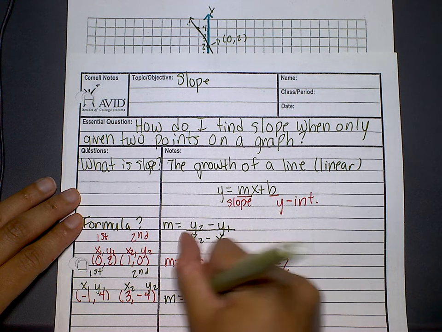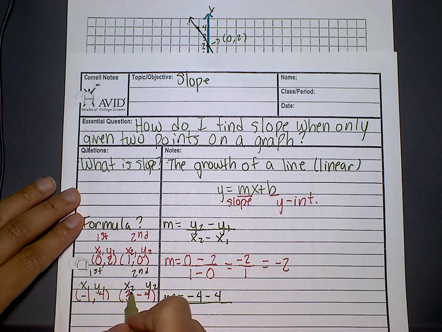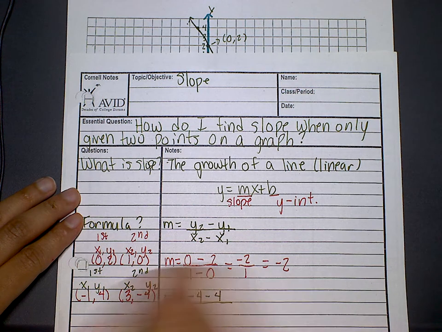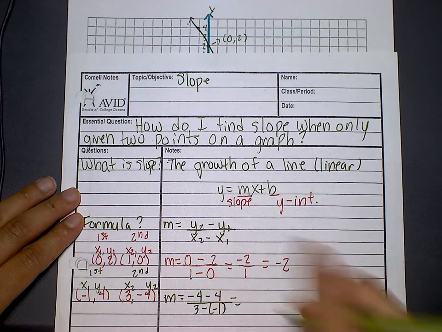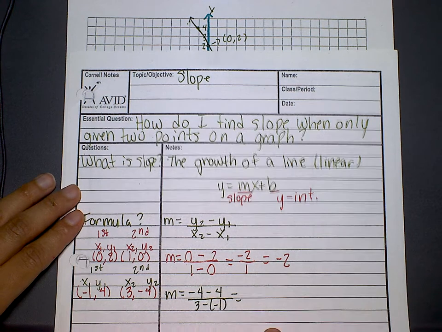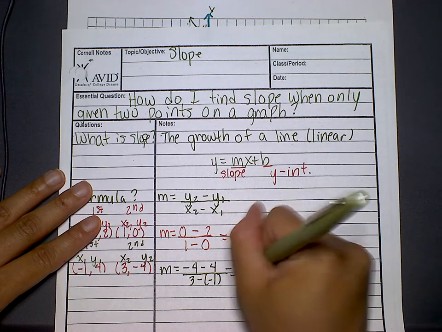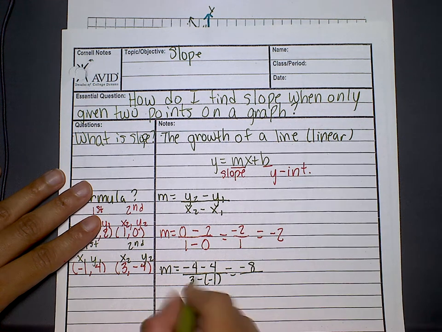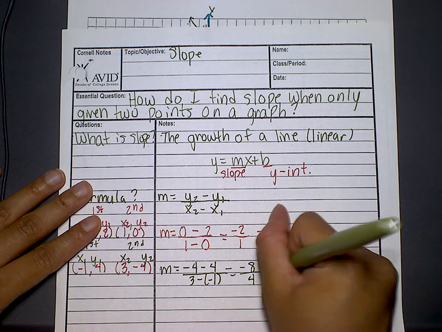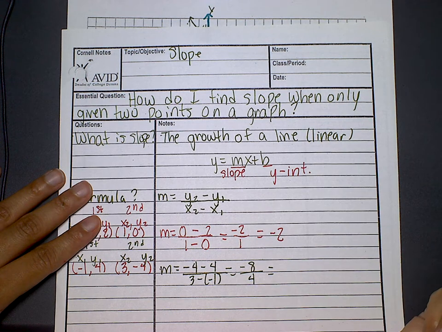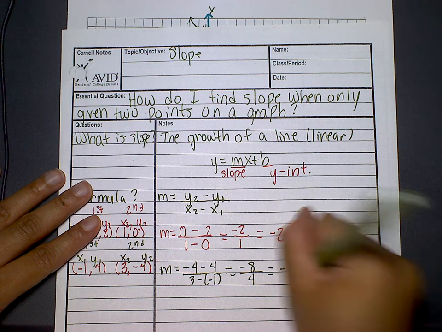So -4 minus 4 all over x2 minus x1, which is 3 minus -1. And so then we solve here, and we have -4 minus 4, which is -8, divided by 3 minus -1, which is +4. And then -8 divided by 4 is -2.